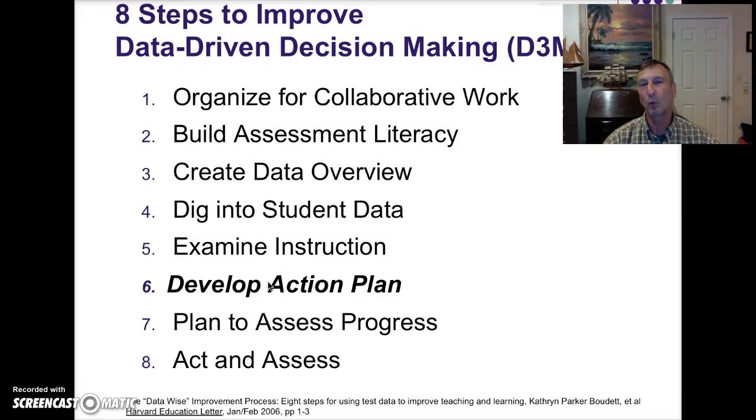Whether at higher ed or whether at K-12, we are engaging in the same process, where once we understand what we're looking at, whether it is examining instruction for this module, and the DataWise, we're looking at the case of the elementary school and the high school, and then I'm going to discuss a little bit about higher ed as we go through this.